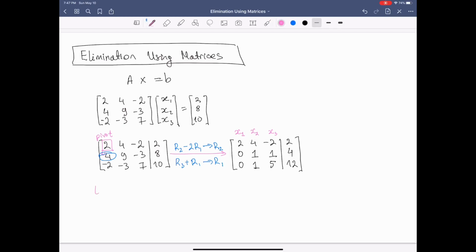So elementary row operations, which are these things over here, can be represented as matrix multiplication.